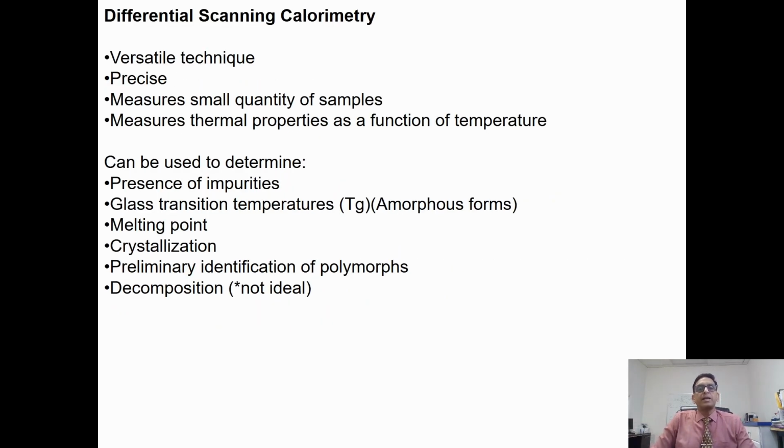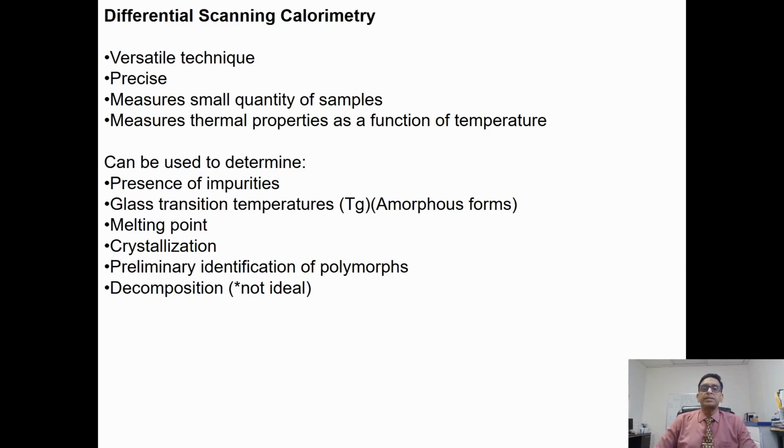Differential scanning calorimetry, DSC, is a versatile technique, and more precisely it can determine the enthalpy and entropy, taking into account each component, so each molecular structural component can be identified. Only a small quantity is required for this analysis.